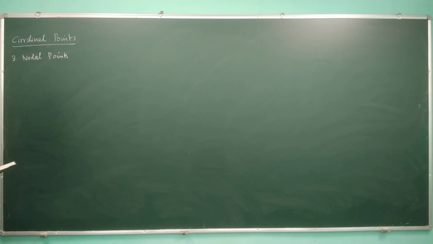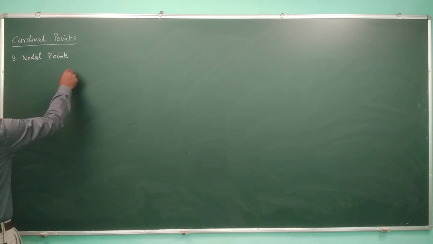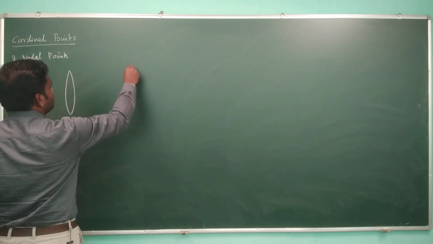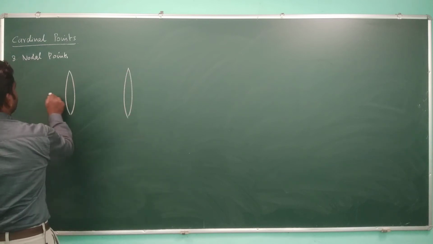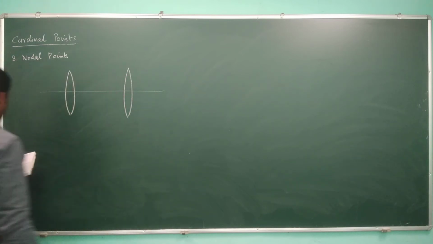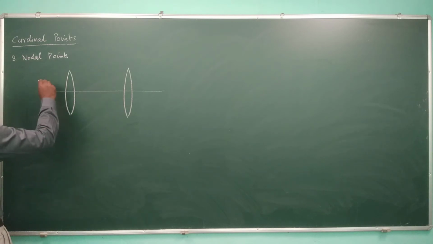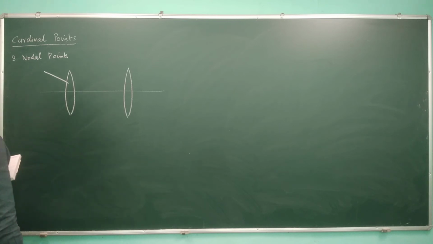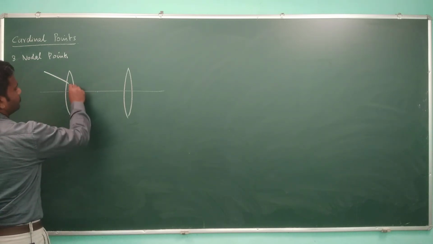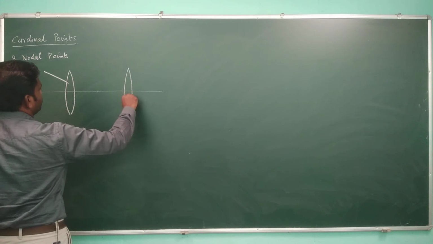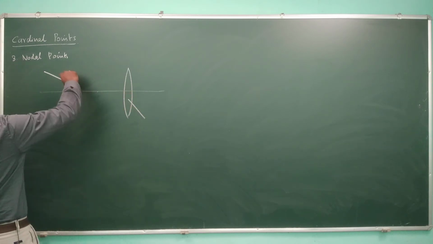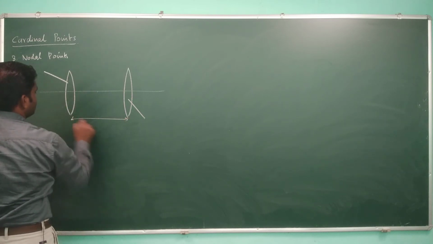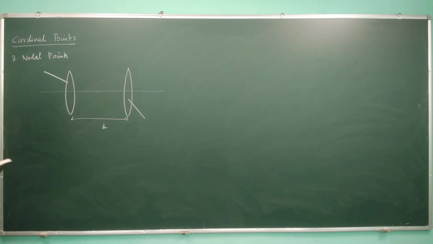Nodal points. Suppose there is a lens system like this, and this is an optical axis. If a light ray is incident on a lens at a particular point. These two lenses are separated by the distance d, this is a lens system.